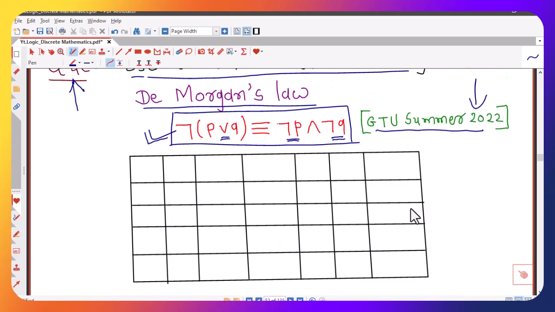To prove this, first we write the columns required for the truth table.